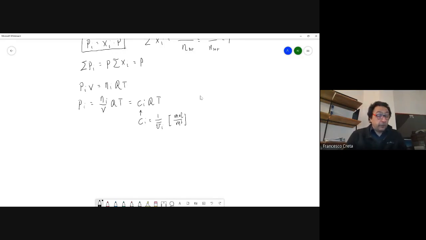Again, if you sum all the molar concentrations, we call this the total concentration, and it's essentially the total number of moles divided by the volume. So this is the total number of moles per unit volume, or total concentration, or molar concentration.